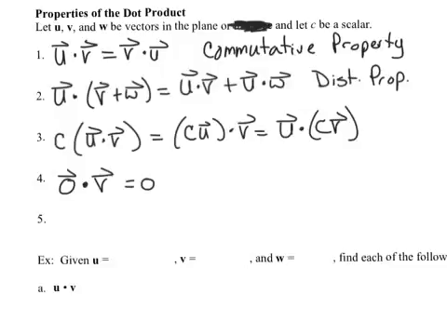Alright, the next property is if I have the zero vector. The zero vector would have x and y components both of 0, and if I dot that with any other vector, I'm going to get 0 as a scalar. Finally, when you take the dot product of a vector with itself, that's equivalent to the magnitude squared. And we can think about how we could prove that. Maybe we'll do that in class.